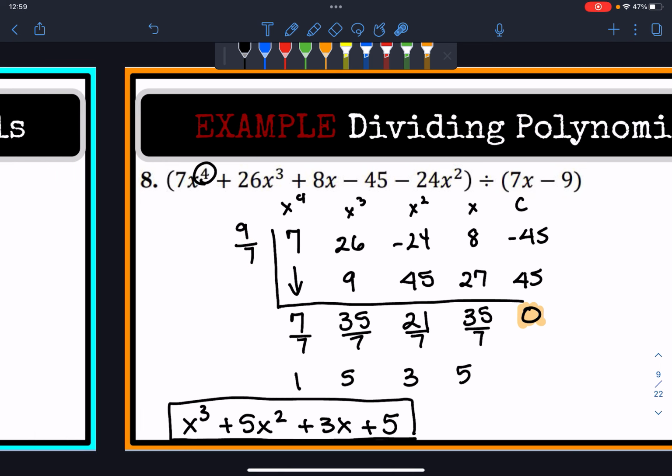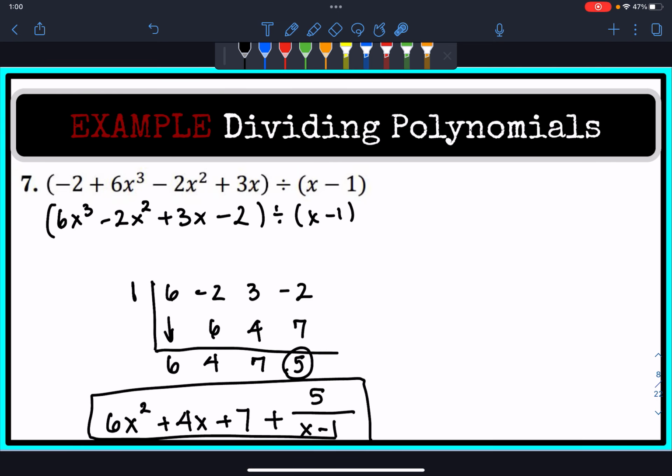If it is 1, dividing by 1 keeps things the same. But as soon as this degree is not 1, it's x to the second, x to the third, or something else, then you have no choice but to use long division in order to divide these things out.